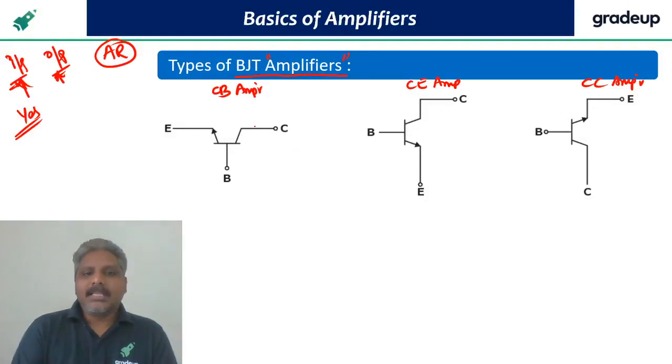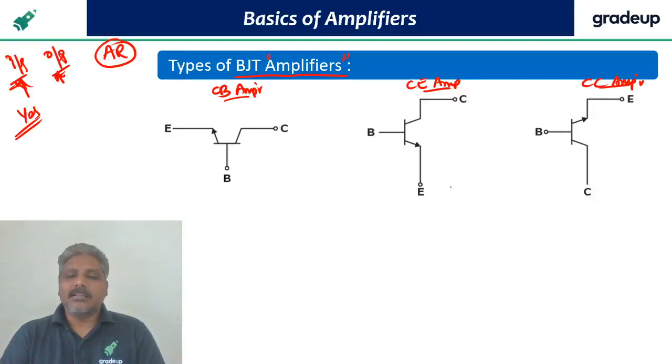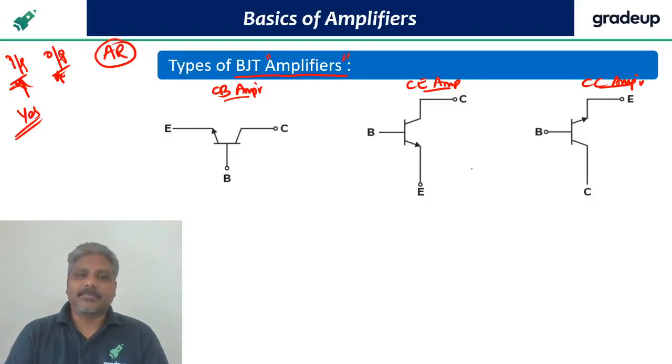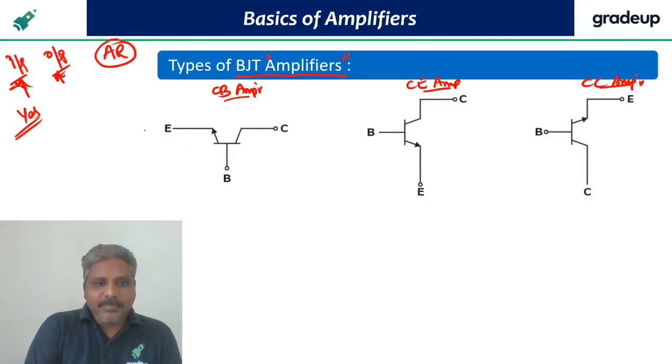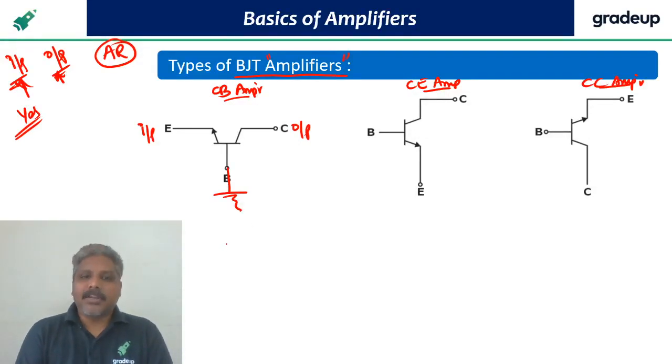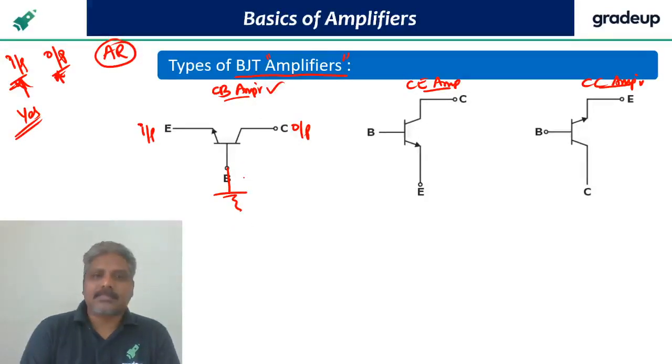See now, why are we having three types of configurations? Three types of amplifiers based on the three terminals we have for a transistor. Suppose I give the input here and I take the output here, and the rest of the terminal is ground. If I do like this, this is called common base.